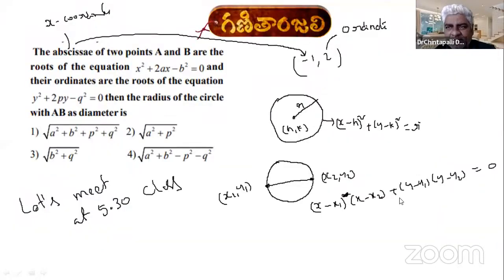Students, can you answer this question? The abscissa of 2 points. Purnima, what do you mean by abscissa?